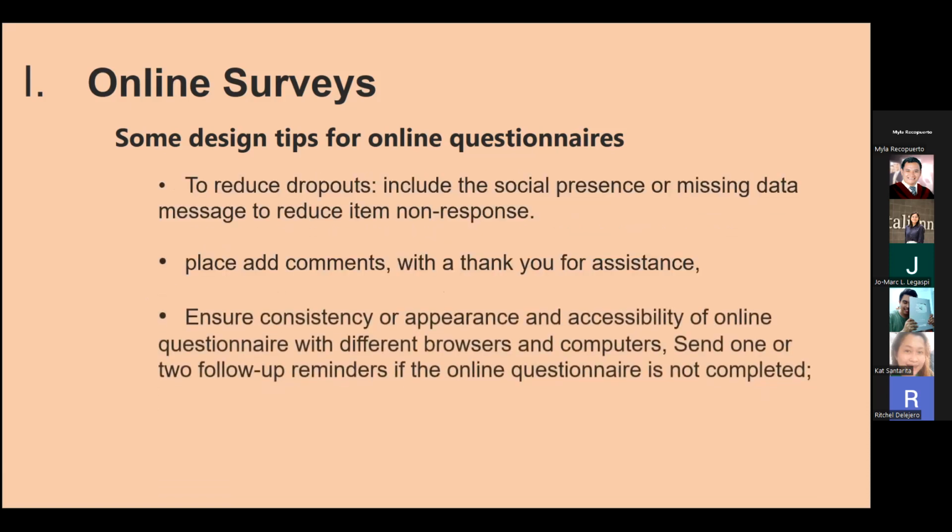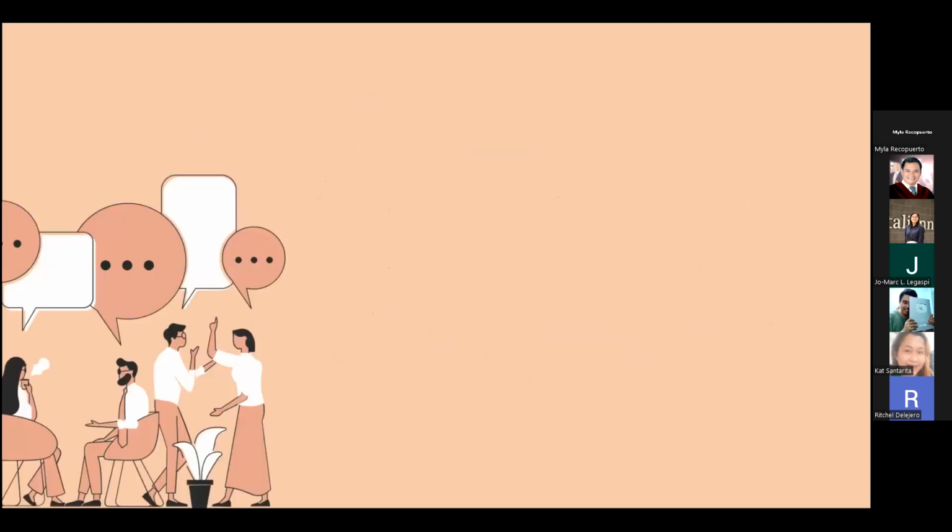And then to reduce dropouts, we need to include social presence or missing data message to reduce item non-response. So basically, para hindi ma-skip, we need to put parang error or line na this is required. And then place add comments with a thank you for assistance.